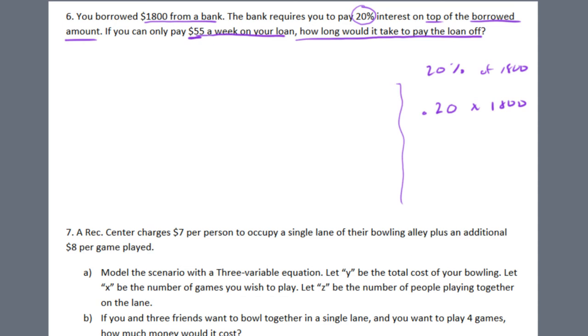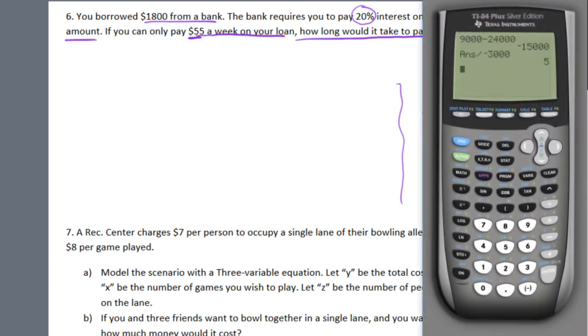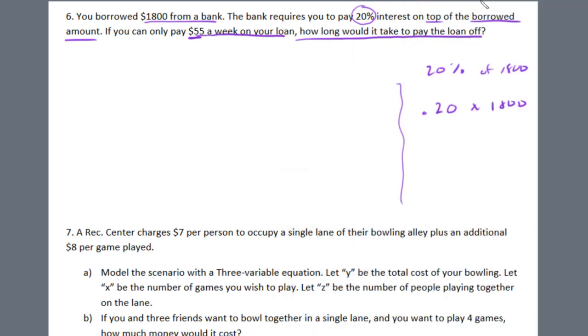Give me a second. I don't want to make some stupid mistake. Okay, so 0.2 times 1,800 gives you 360. So that is what 20% of 1,800 is.